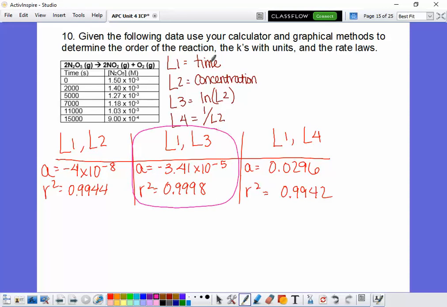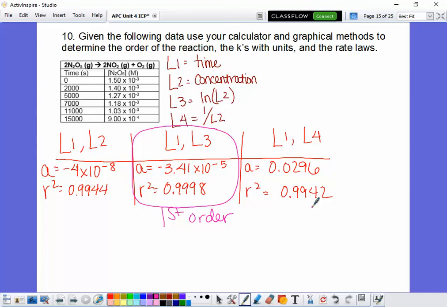When the natural log of concentration and time gives us the straightest line, that means it's first order. If it was concentration and time that gave me the straightest line, then it'd be 0 order. And if it was inverse concentration and time that gave me the straightest line, it'd be second order. Okay? I'll write out some stuff in just a little bit on that, but this means it's first order.